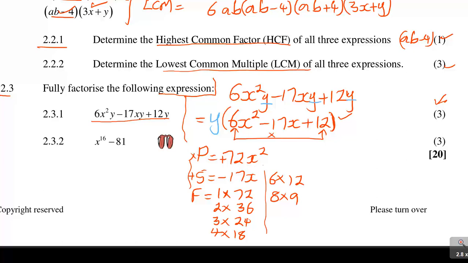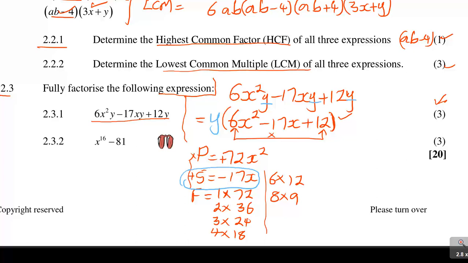When you have done that, you come back to say, of these factors, when I add them, the decider of the factor is this one, when you add these factors. Now when I add these factors, I must get a negative. The product there is positive, so it's either both numbers are positive or both numbers are negative.